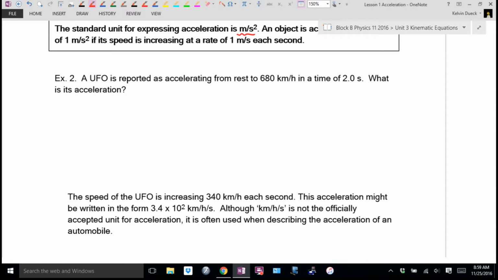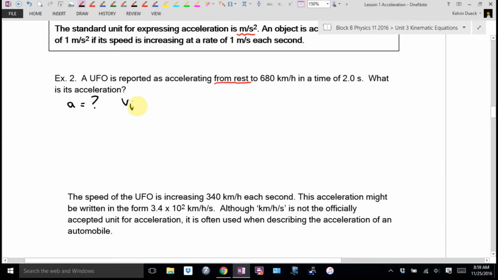So example 2: a UFO is spotted accelerating from rest. You know what? I'd probably underline the phrase from rest. To 680 kilometers per hour in a time of 2 seconds. What's its acceleration? Well, it wants me to find a. What does from rest tell me? What's 0?